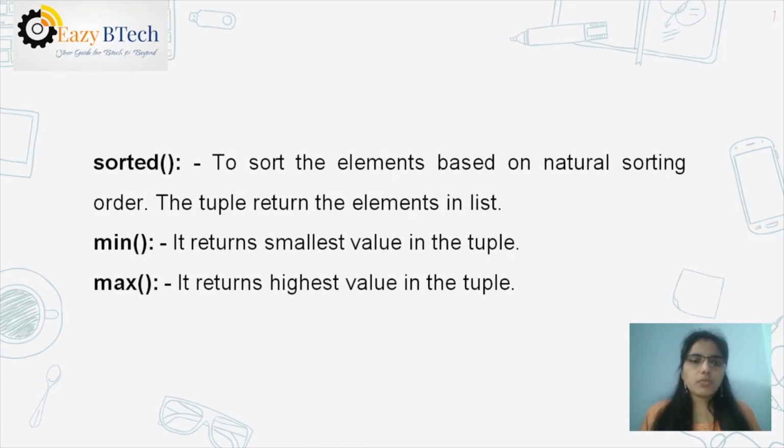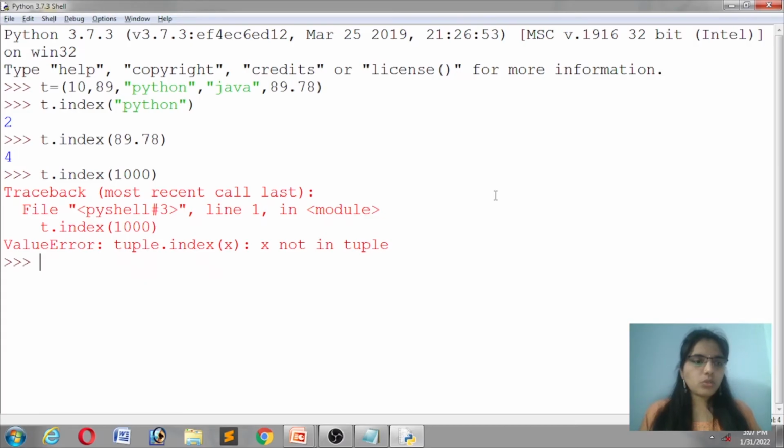When we give the sorted predefined function to a tuple, the elements will be sorted and then returned in list form. To sort the elements based on natural sorting order, that is ascending order, it will generate the result in list form.